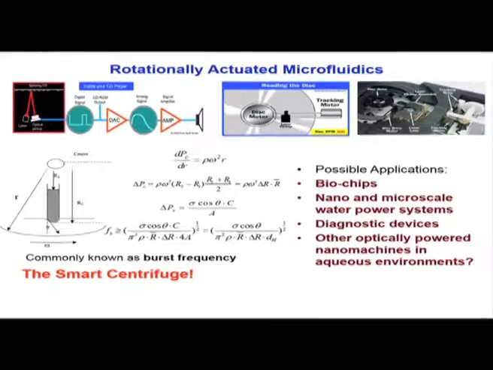So this is a typical hydrophobic type of meniscus, where the surface tension force is inwards, and when the disc starts spinning there is a centrifugal force acting on it, and that force is radially outwards. There might be other forces that come into the picture, but these are two major forces.